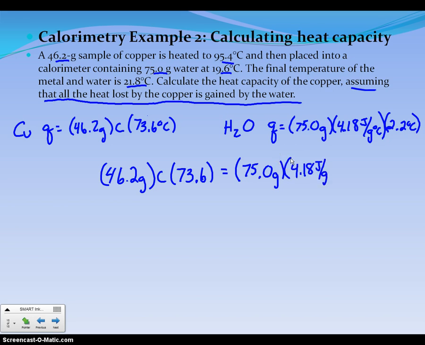So that's how these two equations work together. And then I come up with 0.20 joules per gram degrees Celsius. So there's an example, using the idea that the Q of the metal will equal the Q of the water. The heat from the metal went into the water, and so that's how this calculation works.